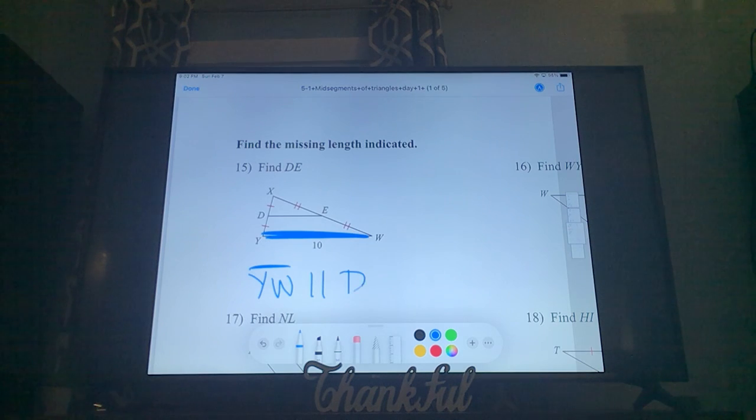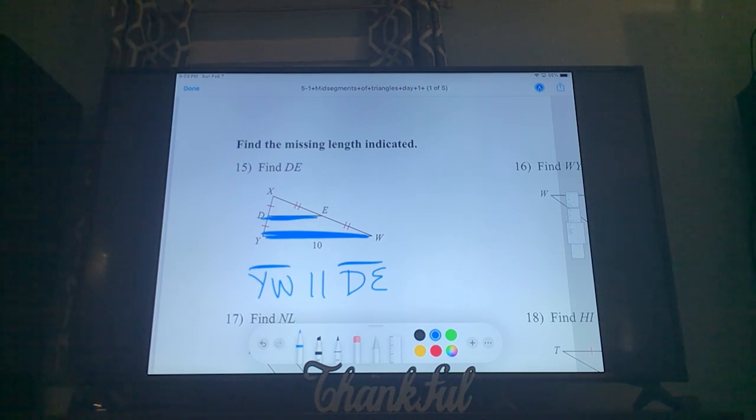To DE. And I already said it's either going to be bigger or smaller. Does DE look bigger or smaller than YW? I hope you said smaller. I hope you can see that it's smaller.